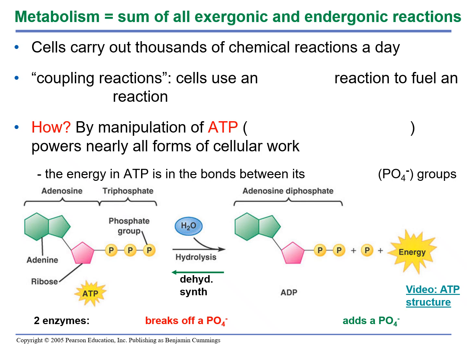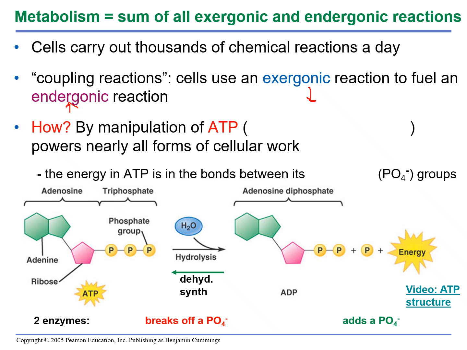So coupled reactions are how cells use exergonic and endergonic reactions together. They use exergonic reactions to fuel the endergonic reactions, because remember, exergonic reactions put out energy while endergonic reactions take in energy.